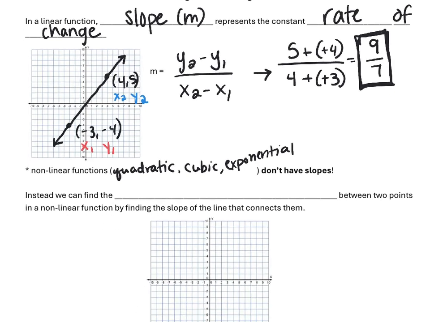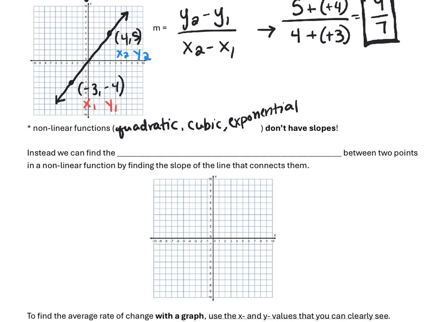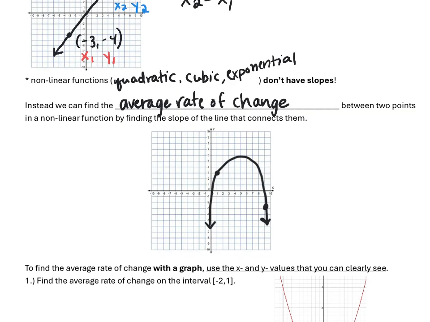But if we don't have a linear function, we can still find the average rate of change. We just don't call it the slope. We call it the average rate of change between 2 points by finding the slope of the line that connects them. So for example, a quadratic does not have a slope.